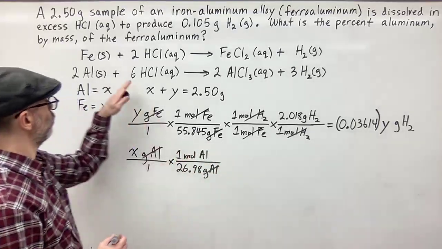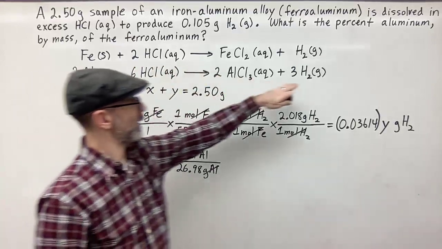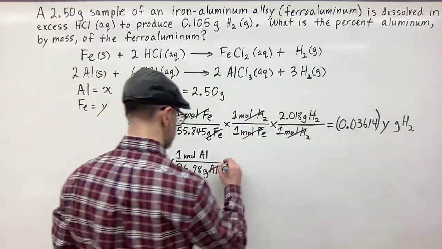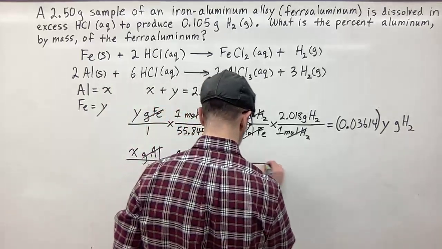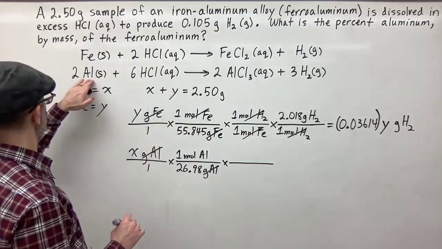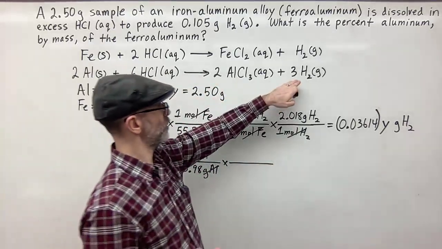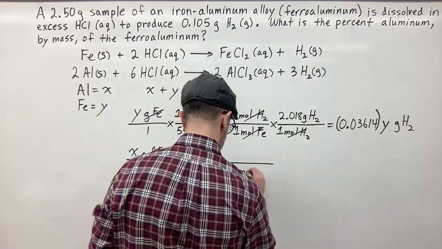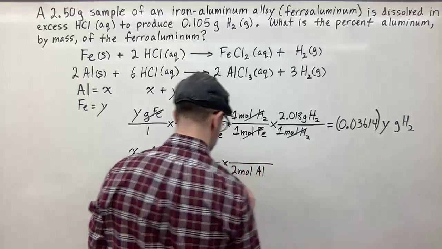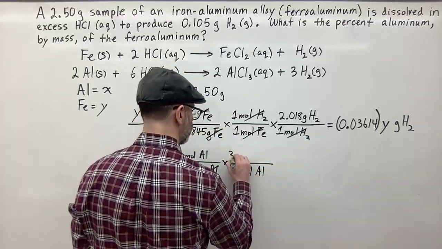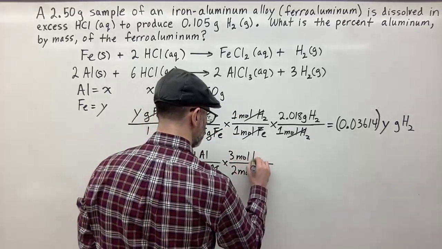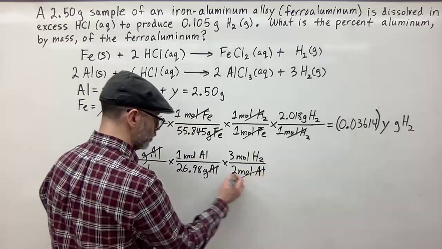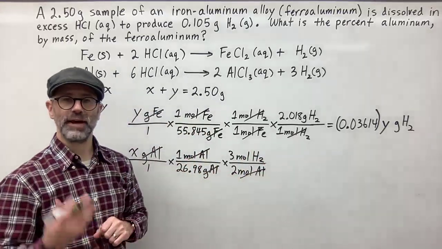Now I can use the mole ratio between aluminum and hydrogen to convert to moles of hydrogen. 2 moles of aluminum produces 3 moles of hydrogen, so 2 moles of aluminum on the bottom and 3 moles of hydrogen on top. Moles of aluminum cancel out, and now I have moles of hydrogen again.